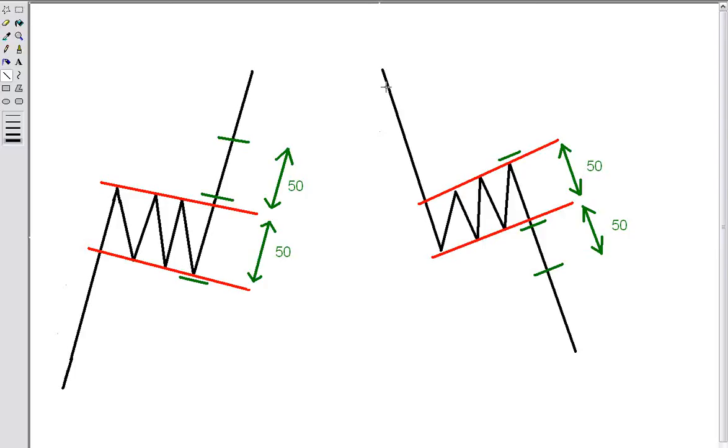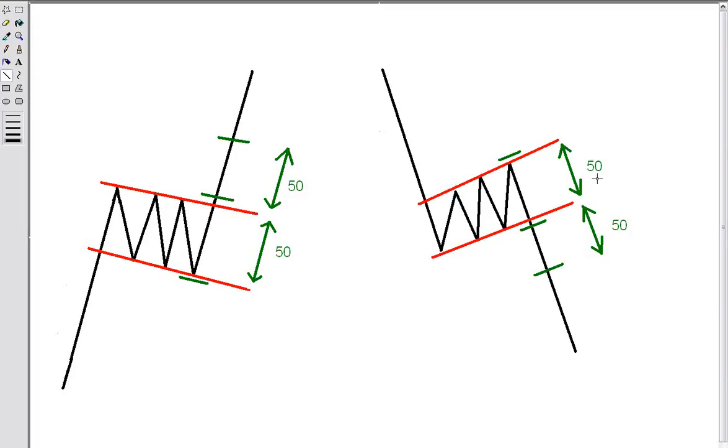So what you've got here is a flag pole going in a downwards direction, then an area of consolidation with an upper consolidation line and a lower consolidation line, both in red. In terms of entry, you're looking for a candle to close below the lower consolidation line. Once it does that, you place the trade to go in a downwards direction. You place your stop loss just a few pips above the top consolidation line, the one in red there, and you measure the distance between the top and the bottom lines here.